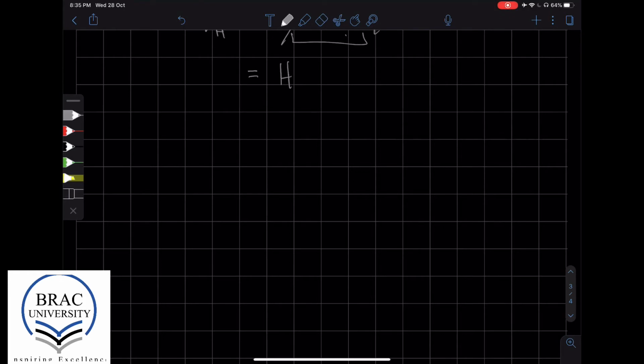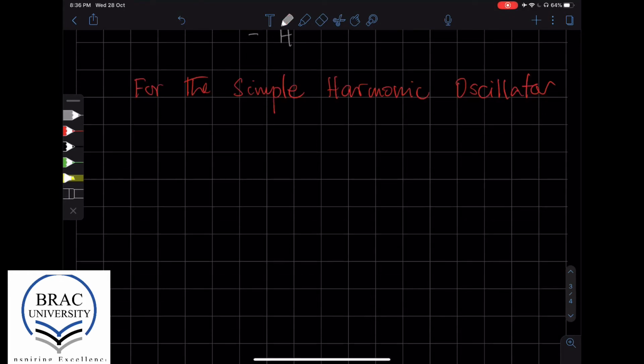So for the harmonic oscillator, the Hamiltonian in the Schrödinger picture was (a dagger a plus half) times h bar omega. But of course, omega h bar is 1.